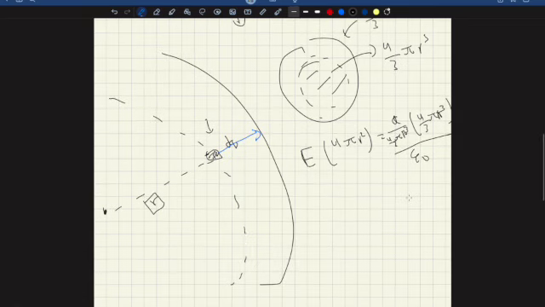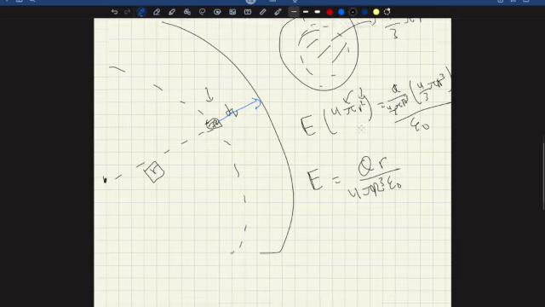The 4/3 cancel, the pi cancel, and we get E equals Q r over 4 pi capital R cubed epsilon naught. The way we get that is this r squared divides on both sides, this 4 pi divides on both sides, and this is the result we get.